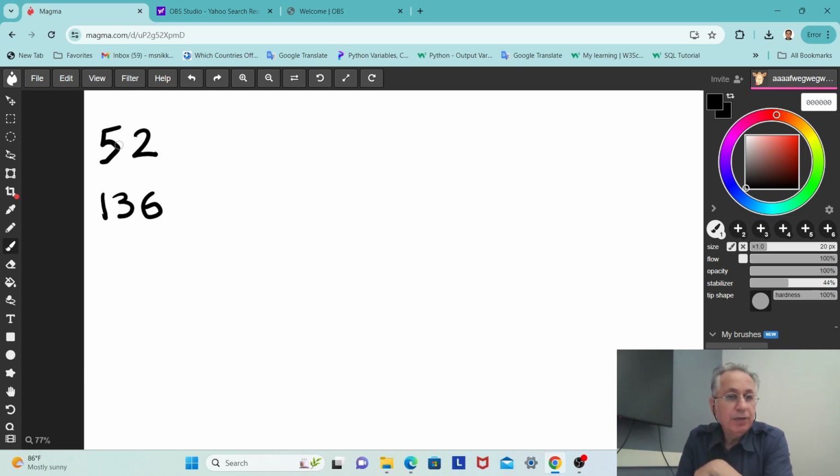For example, if you divide 52 by 3, the remainder is not 0. Even 136 is not a multiple of 3. Why? Because 1 plus 3 plus 6 is 10, and 10 is not a multiple of 3.